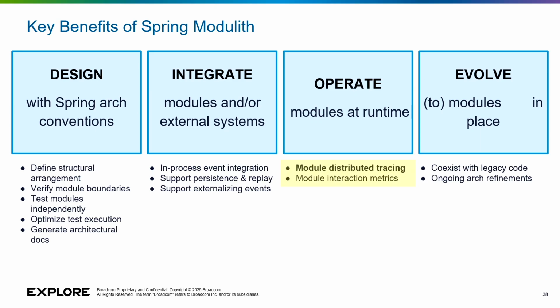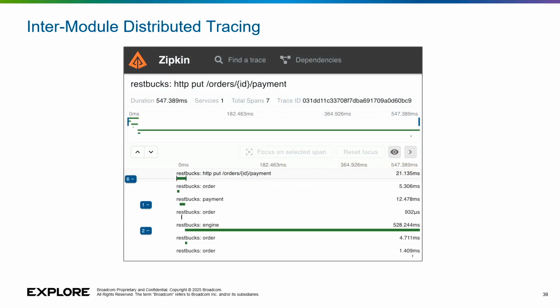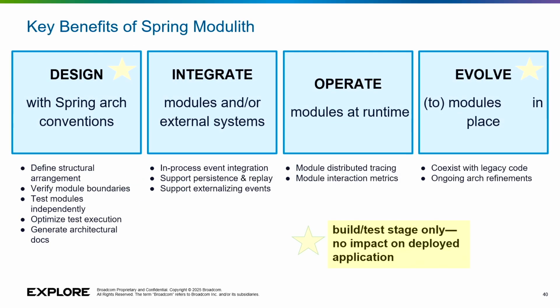You might still want to retain that ability to understand how a specific transaction goes through the different logical components. And so Spring Modulith will automatically, instead of just adding spans between network hops, do it between interactions between modules. So you get that as well. And then you can look at it in Zipkin.